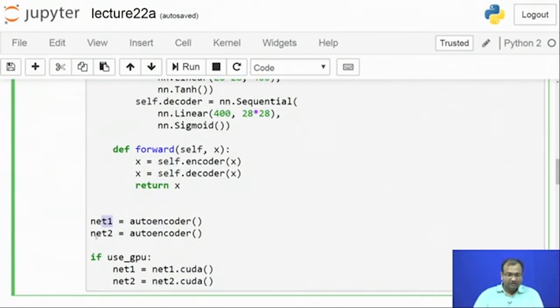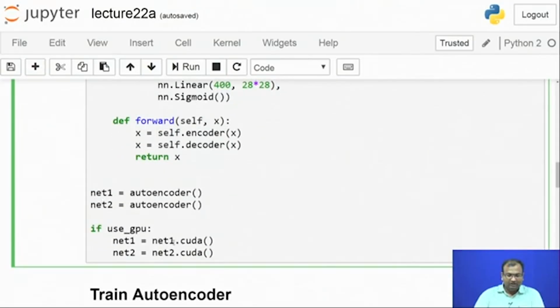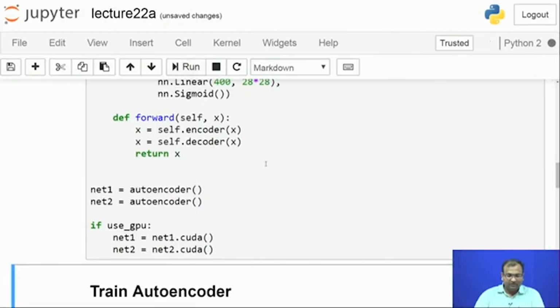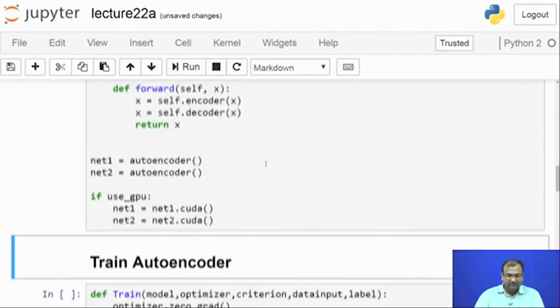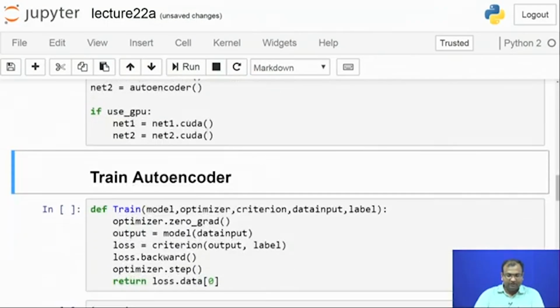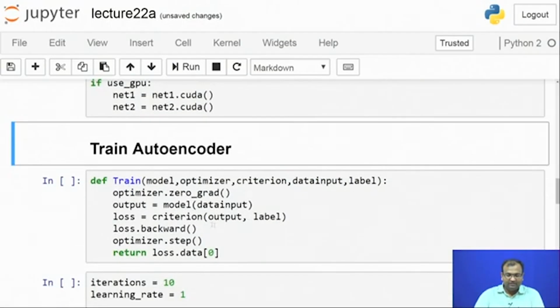However, we will train one of these networks with an MSE cost function and the other with an L1 norm cost function, and that is the only difference. If you have CUDA available, your GPU available, then just convert it to CUDA.